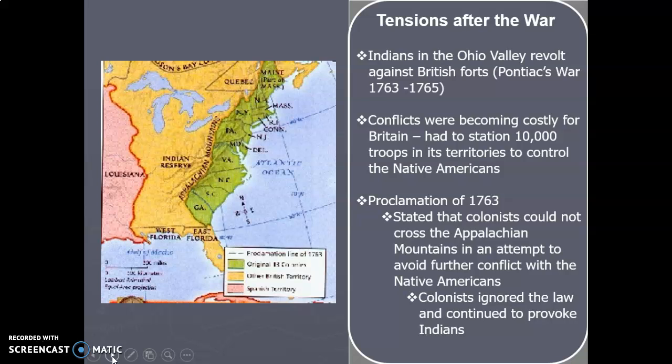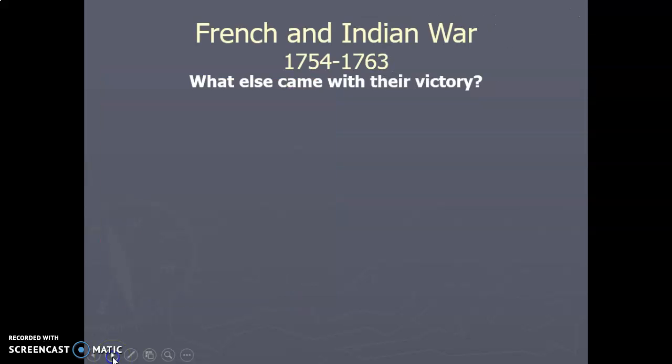Of course, the colonists simply ignored this law, and they continued to move west. Keep in mind, this is one of those laws that's unenforceable, because this Appalachian Mountain chain is about 1,600 miles long.